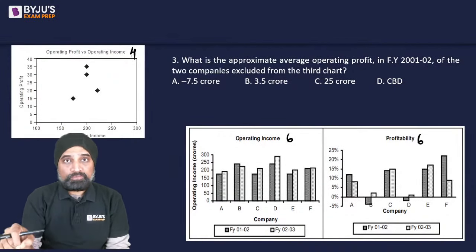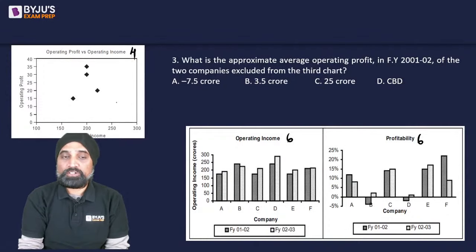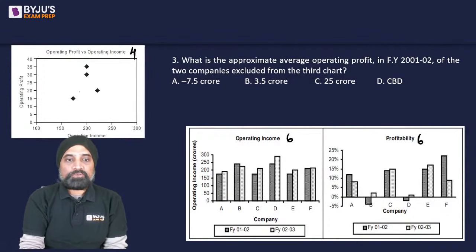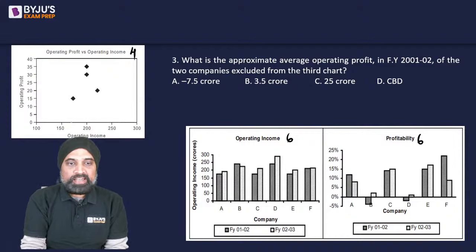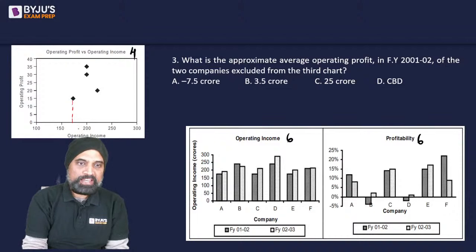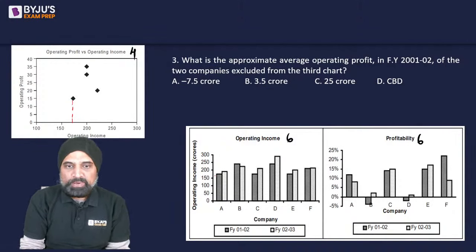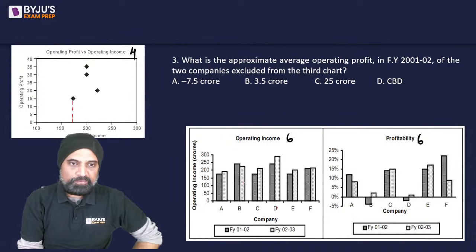Let's try to understand which companies those are denoted by. Now, the first operating income is going to be around 175. Operating income being 175 for the fiscal year 2002-2003. Right, this is operating income being 175.